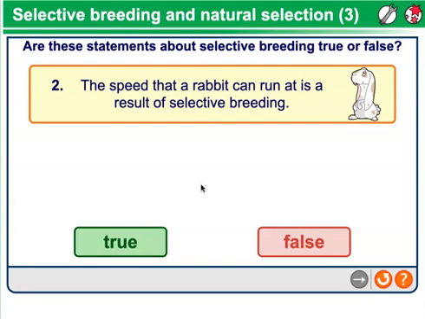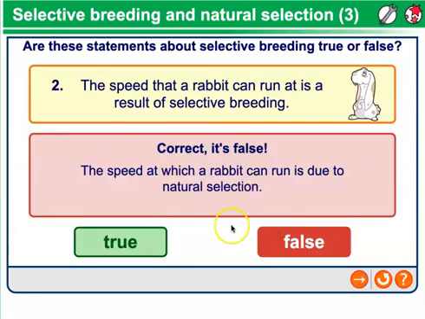I suppose we probably could choose for selective breeding. My guess is that having a predator in the environment might be a more appropriate method of choosing for a rabbit that has high speeds. So in this case, the speed at which a rabbit can run is more due to natural selection, not selective breeding.